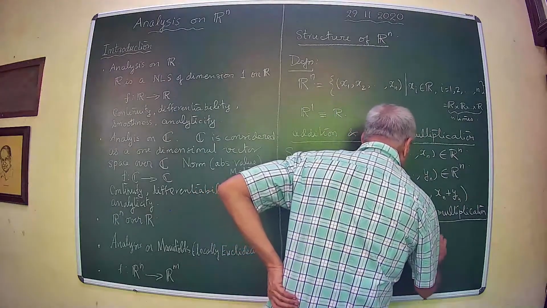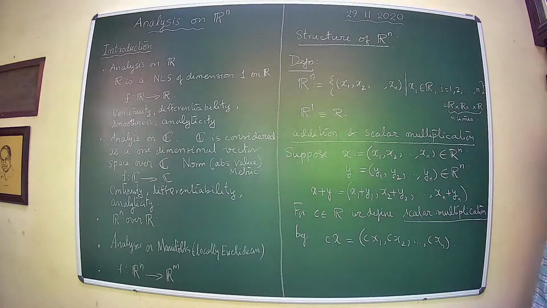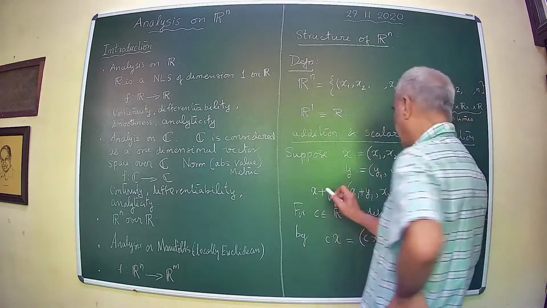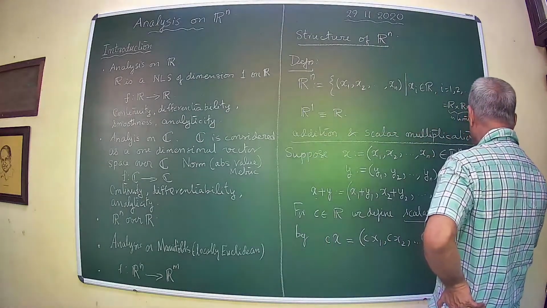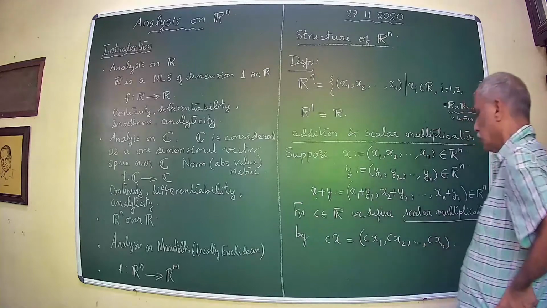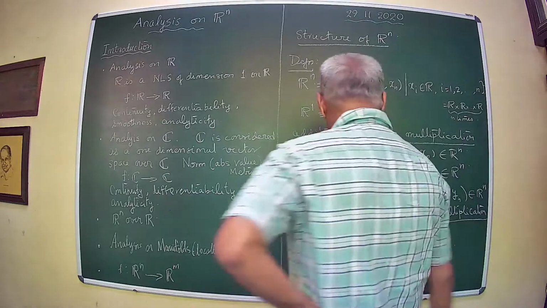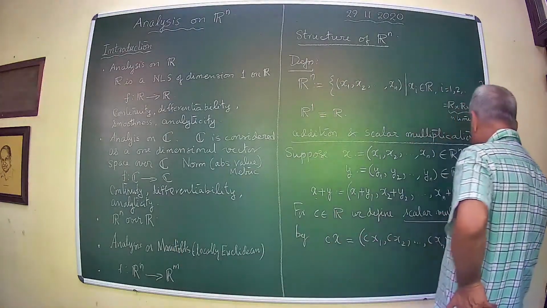Now you observe that for x belonging to Rn, y belonging to Rn, x plus y is an element of Rn. So also for the scalar c, the scalar multiplication gives a vector in Rn.